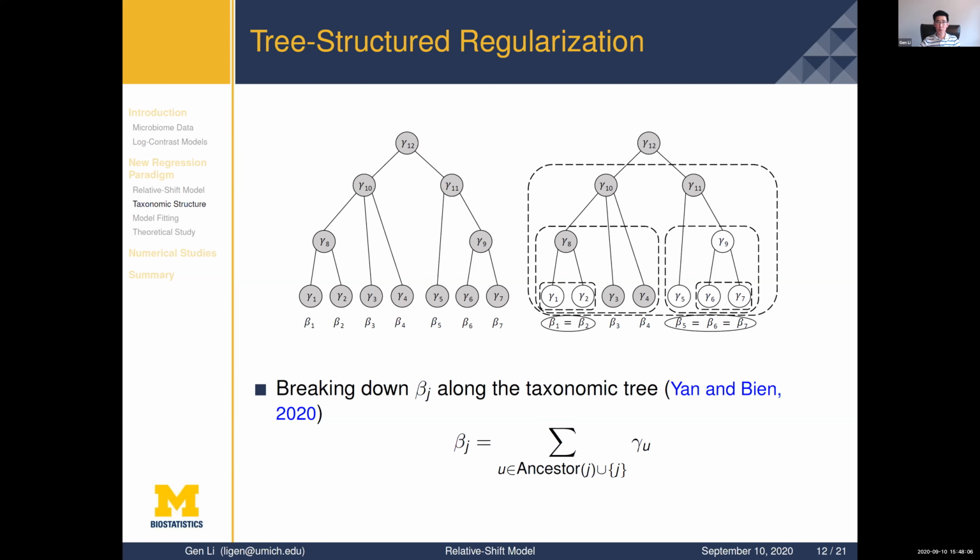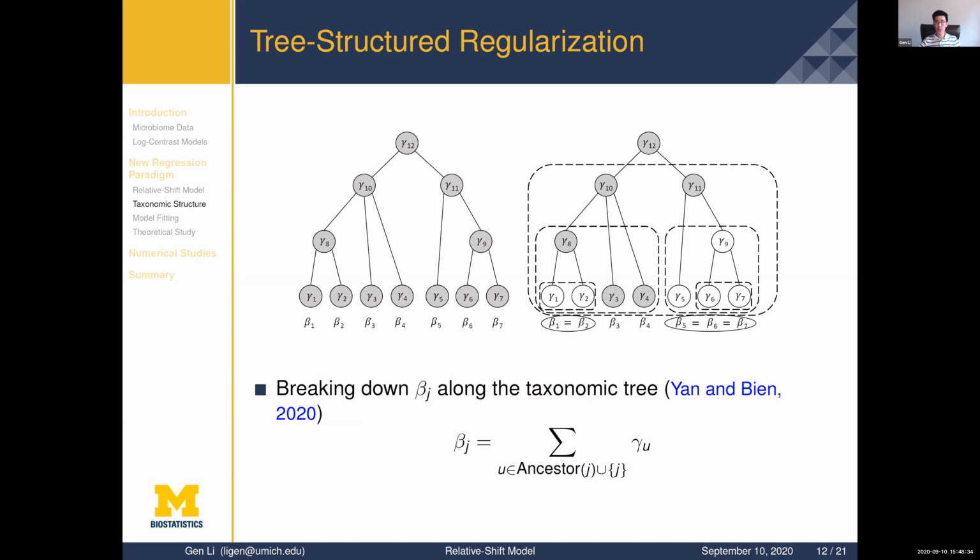And to achieve that, we come up with a new tree structure regularization. Essentially, the idea is as follows. The first step is to reparameterize the original parameters, the regression coefficients beta. We borrow an idea from a recent publication, which is to break down the original regression coefficients beta into intermediate regression coefficients gamma.